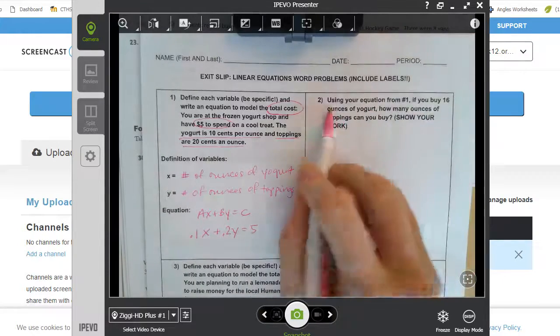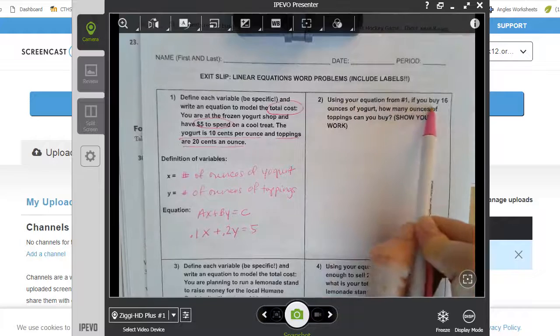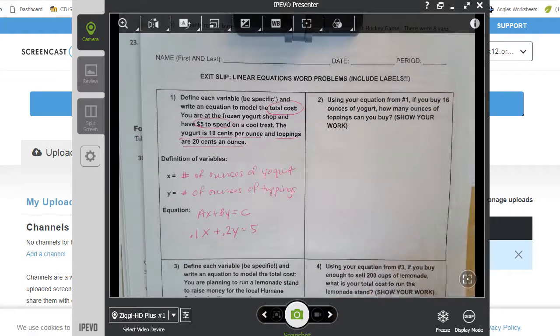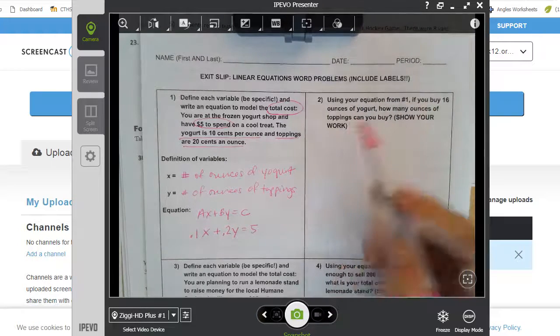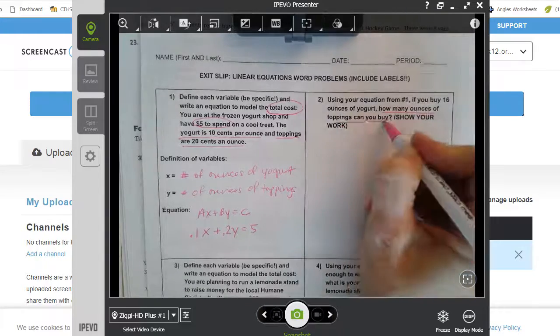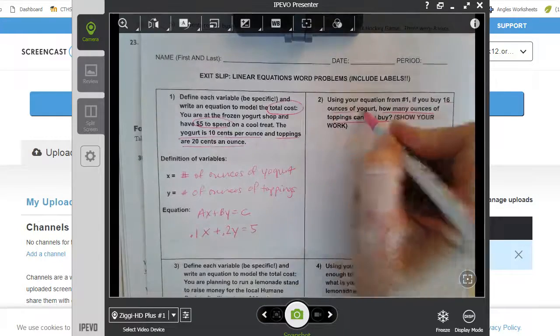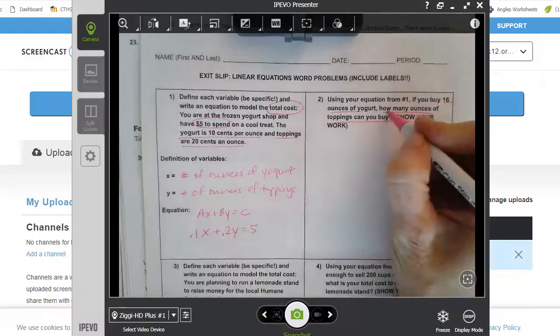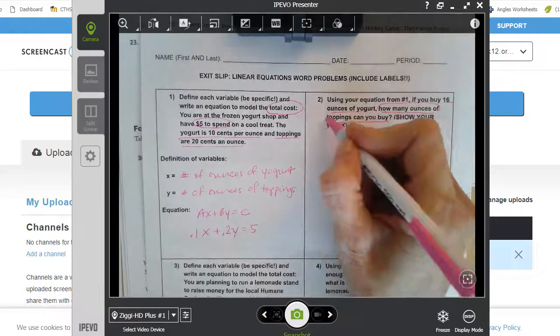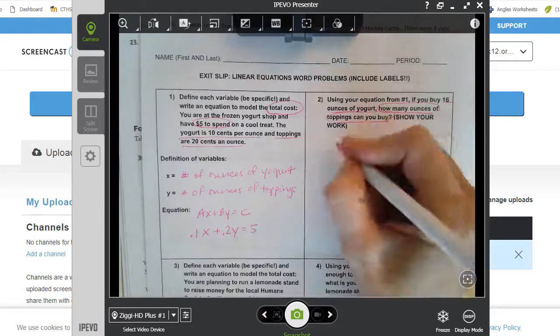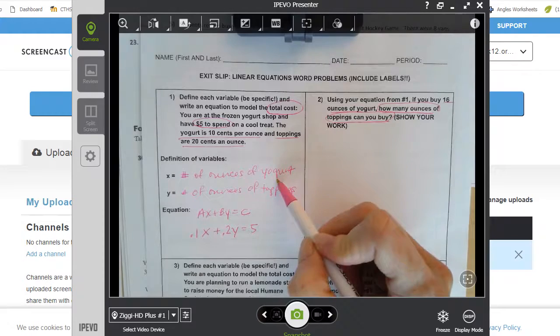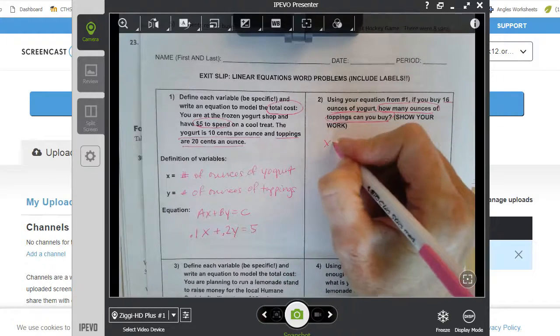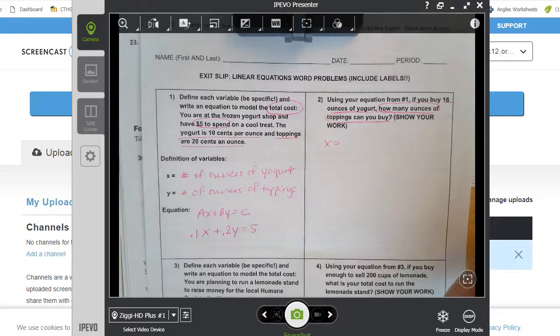Now, when I go on to number 2, they're asking me to use that equation to find how many ounces of toppings I can buy if I have 16 ounces of yogurt. Number of ounces of yogurt I've defined to be X. You might have called them Y, but I made a choice here and I need to follow it through.